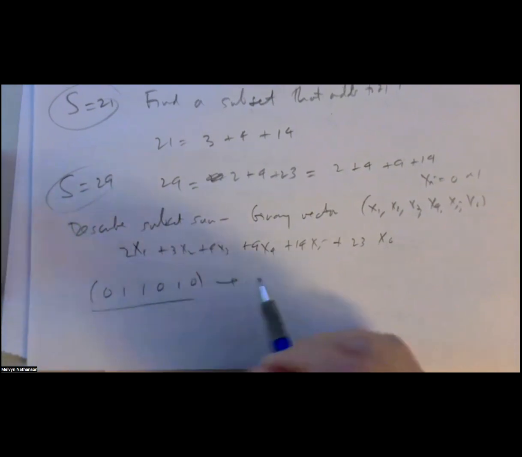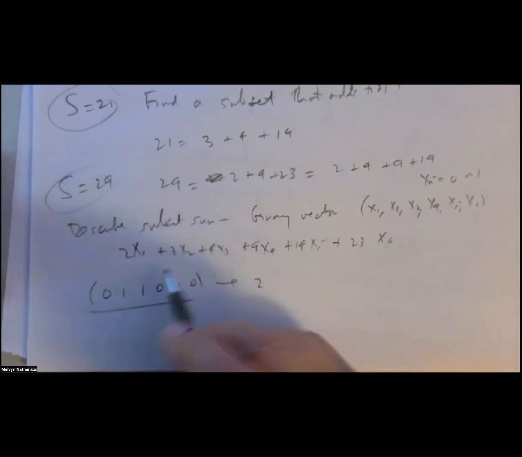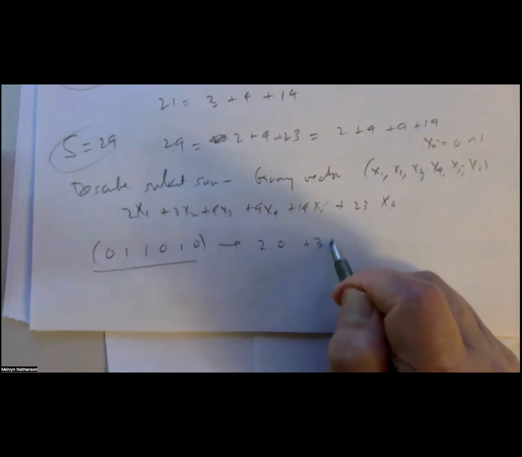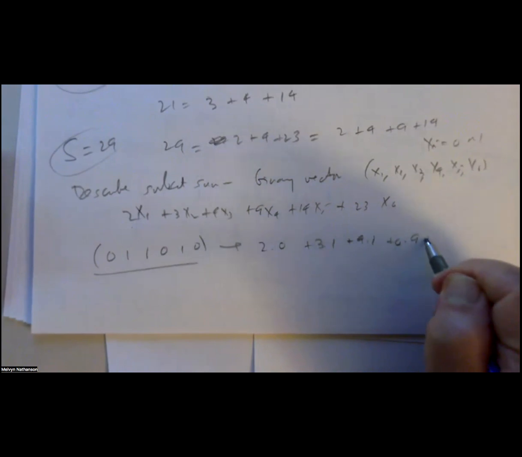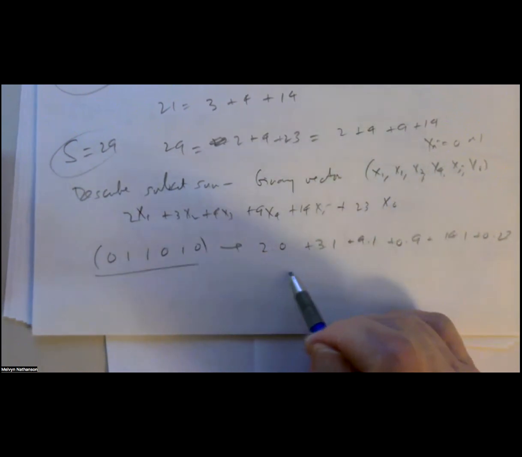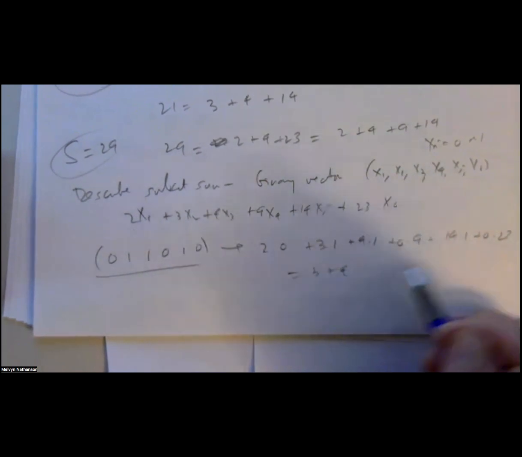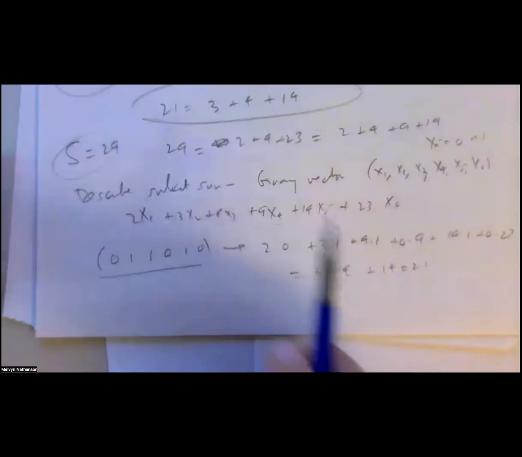That would correspond to the number 2 times 0 plus 3 times 1 plus 4 times 1 plus 0 times 9 plus 14 times 1 plus 0 times 23. That's 3 plus 4 plus 14. That's this 21 that I had started with, right?